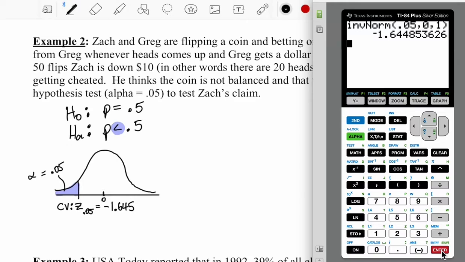So this basically becomes a glorified number line. Anything larger than negative 1.645 is going to fail to reject the null hypothesis. Anything less than that, so further in the negative direction, would allow us to reject the null hypothesis. So we need a test statistic.